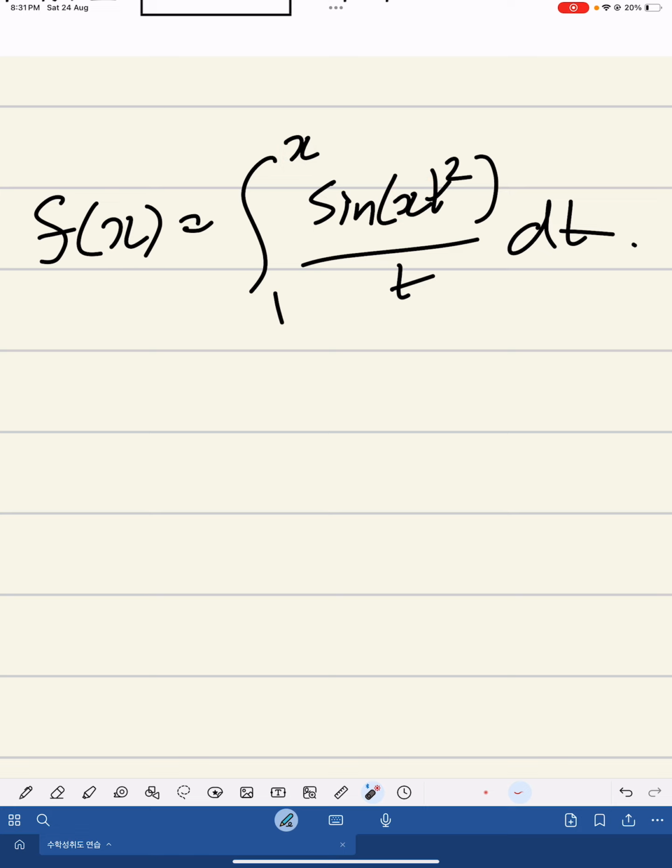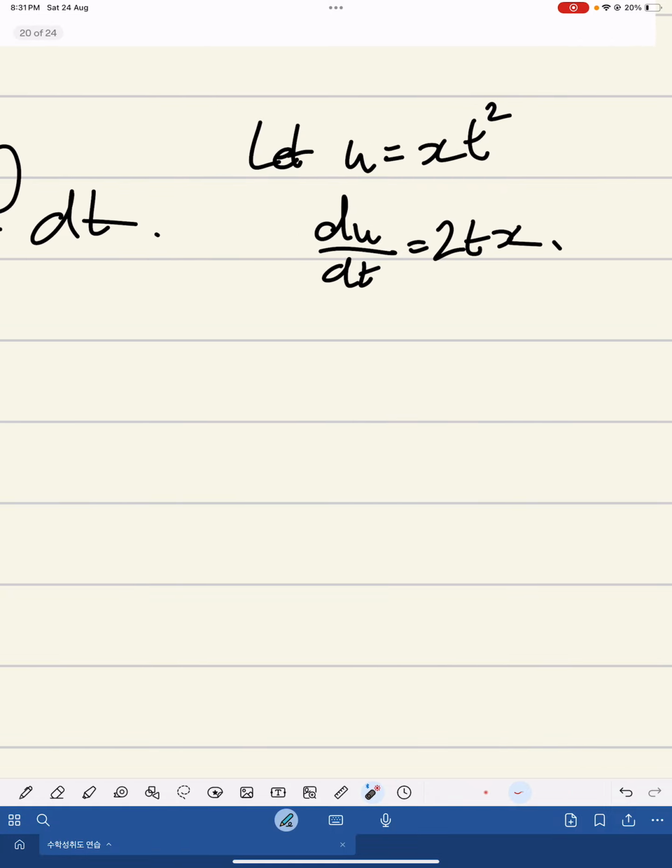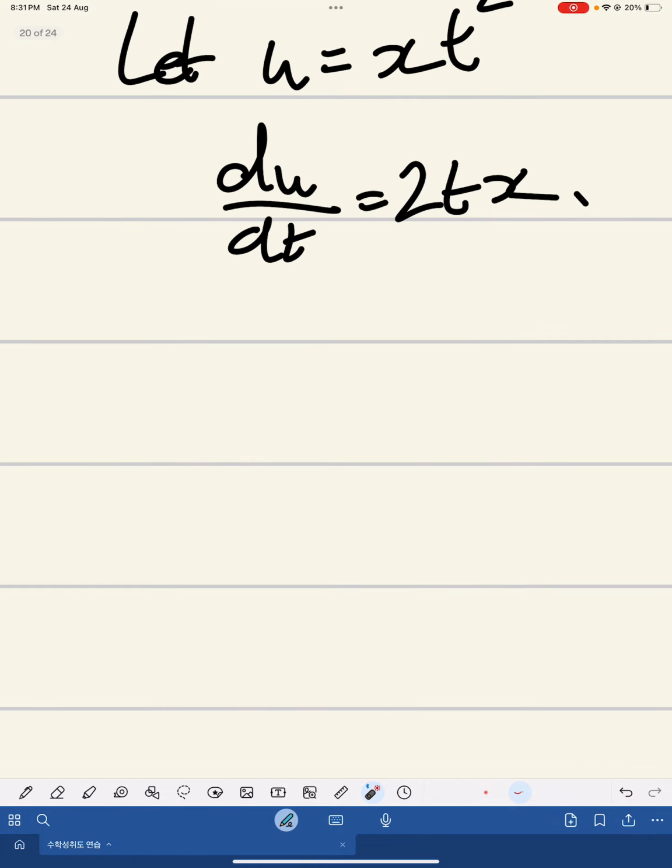Therefore, the function f(x) is just asking what is the area under the curve of this graph from the point 1 to some number x? Therefore, when we actually use this function, it will not be a variable. It would be considered as a constant. So this is the biggest obstacle that would have stopped students from getting the marks.